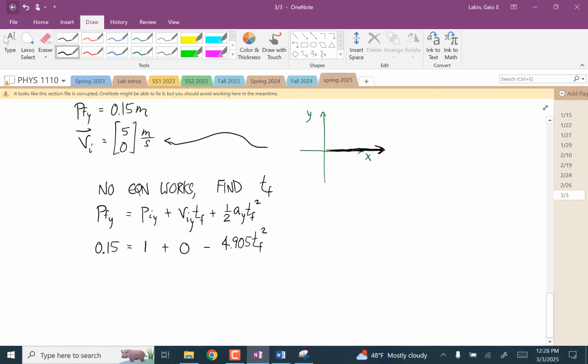And so I'm going to rewrite this as negative 0.85 is equal to negative 4.905 TF squared. Divide both sides by negative 4.905.